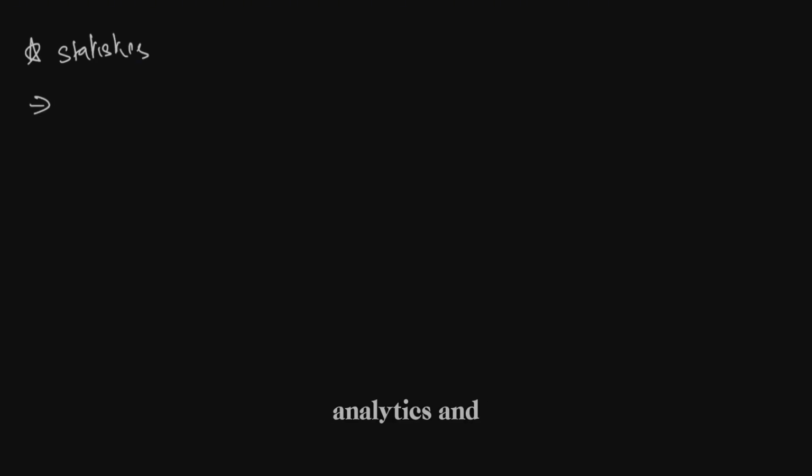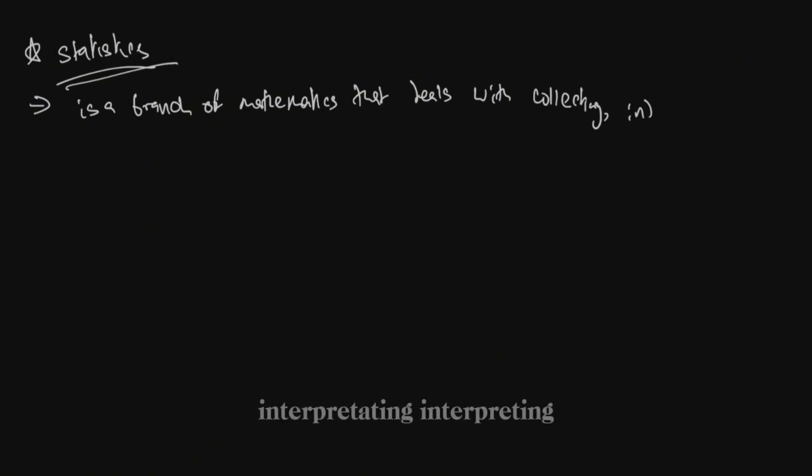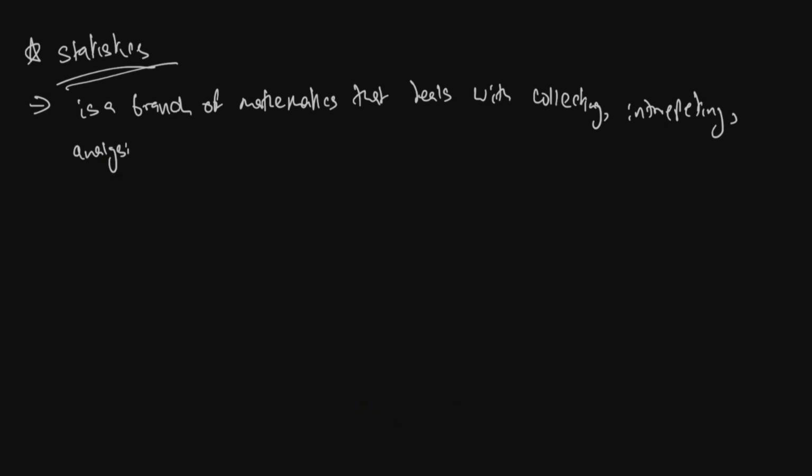Statistics is a core component of data analytics and machine learning. It helps you to analyze and visualize data to find unseen patterns. But regarding this, let's learn what exactly we mean by statistics. Statistics is a branch of mathematics that deals with collecting, interpreting, analyzing, and visualizing the data.